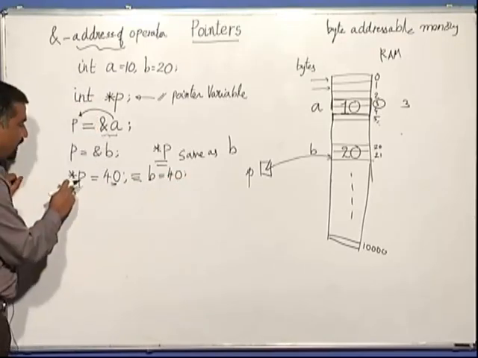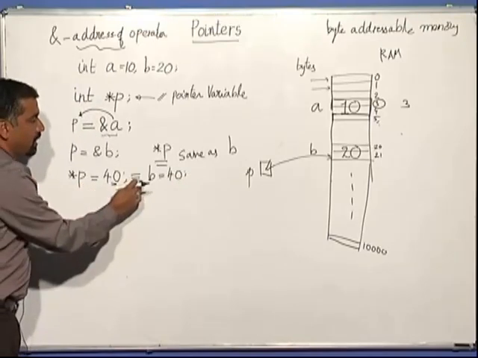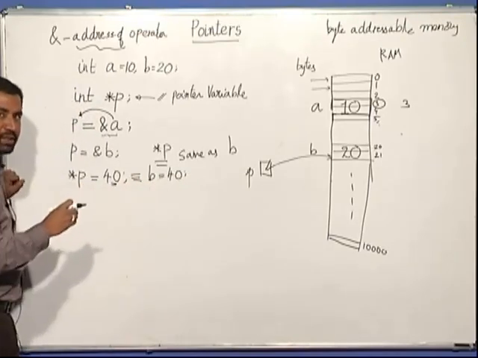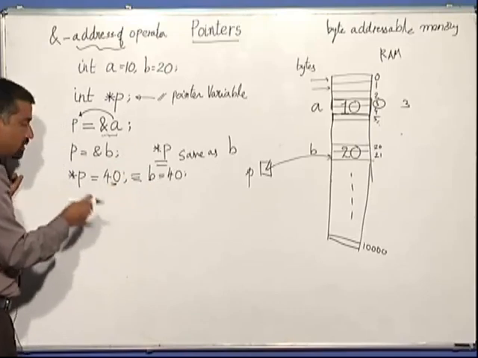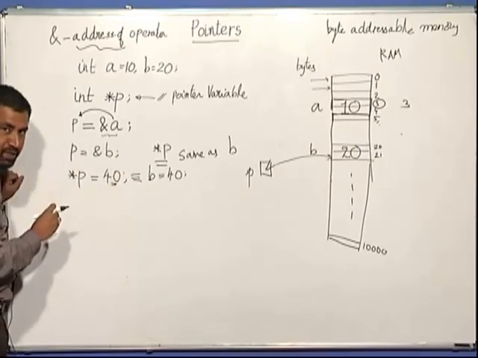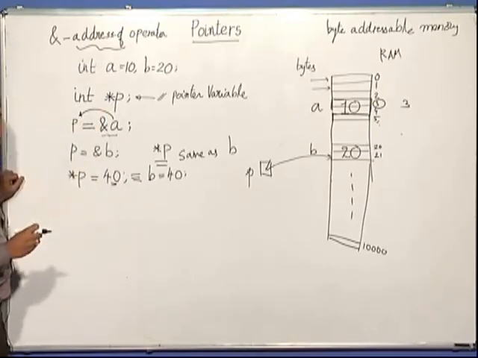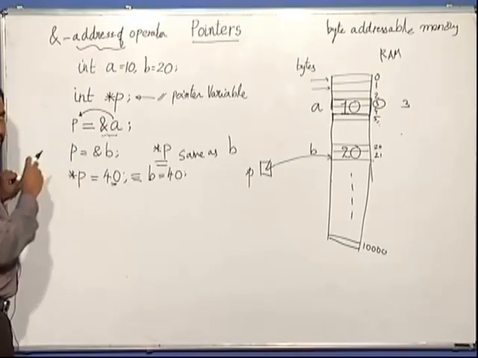So whether we write star P is equal to 40 or B is equal to 40, it is the same. So wherever we use B, star P can be used. Star P means the value at the address pointed to by P.